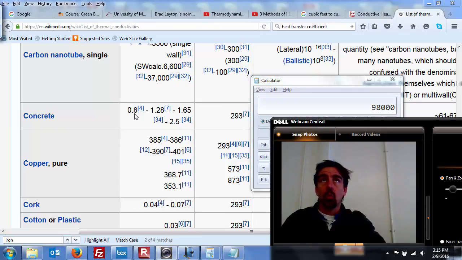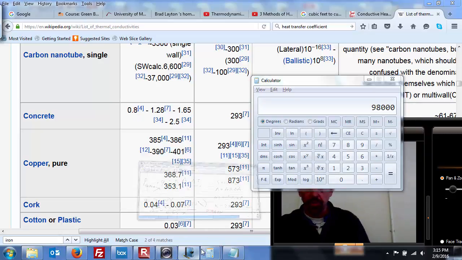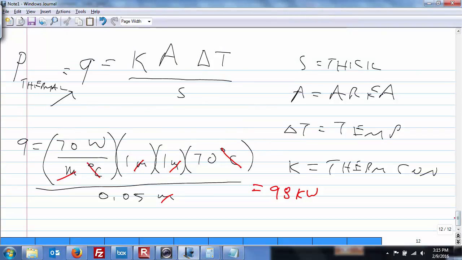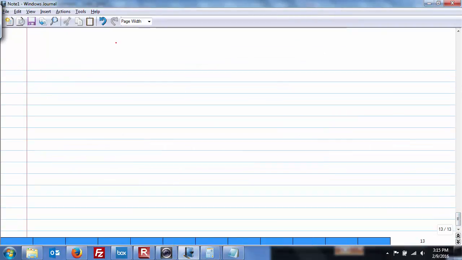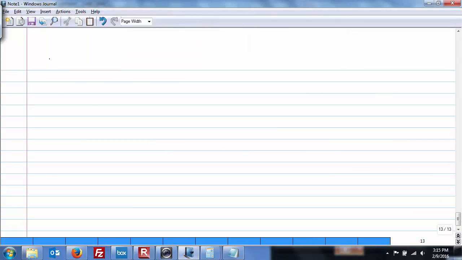The units are watts per meter per Kelvin. So let's do one more little example, and I'll take a break. So let's just do concrete.